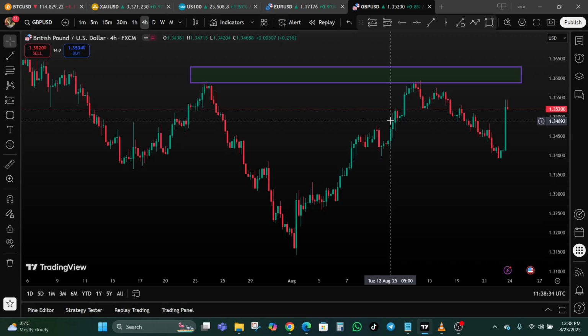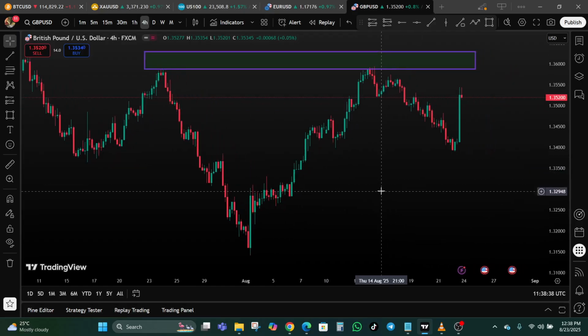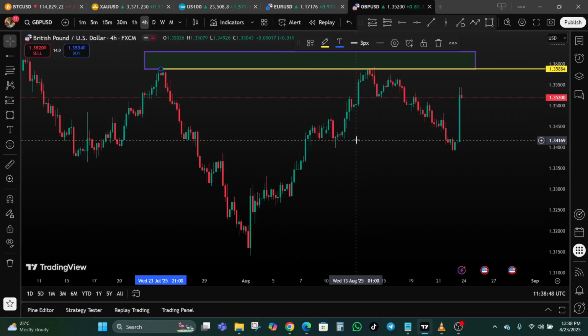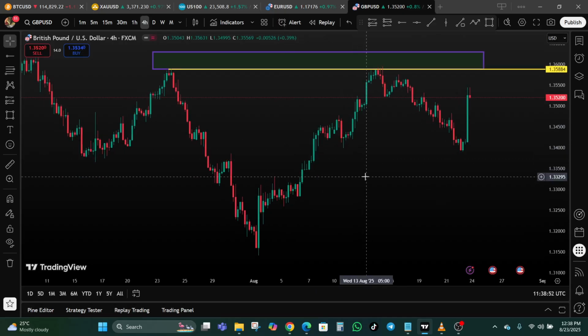For example, think about equal highs, like what we have here right now. Many traders see equal highs as resistance and place sell orders there with their stop losses just above.